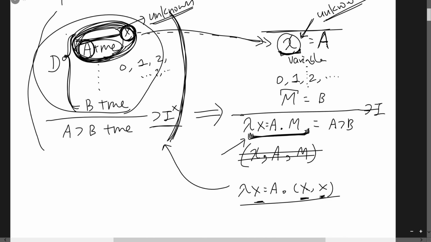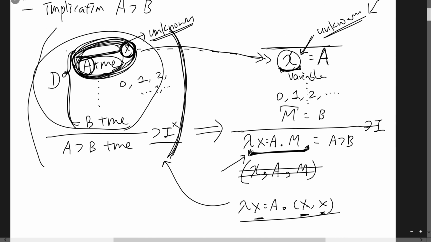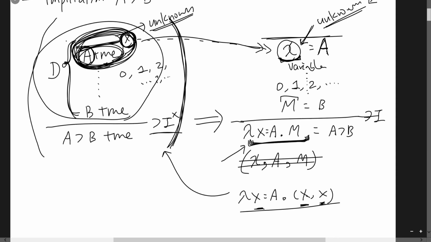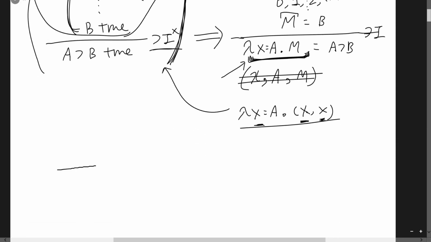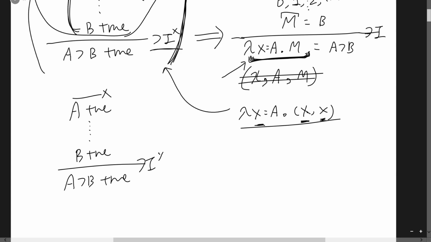And similarly to the scope of this hypothesis, we have the same notion of a scope. So let me write again here: A true, B true, and this is the label x.